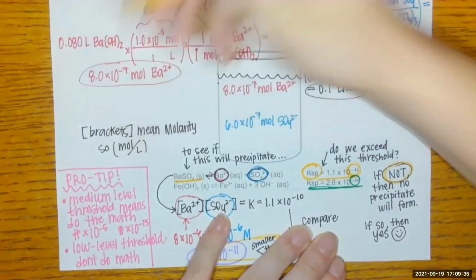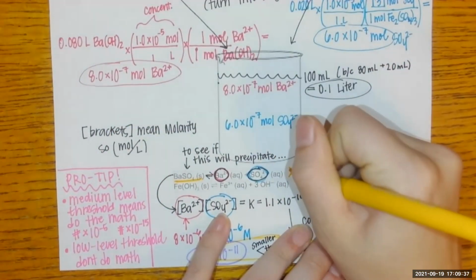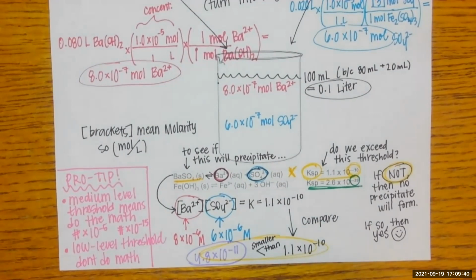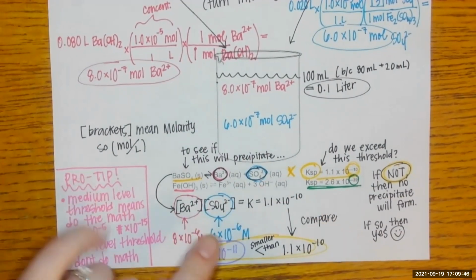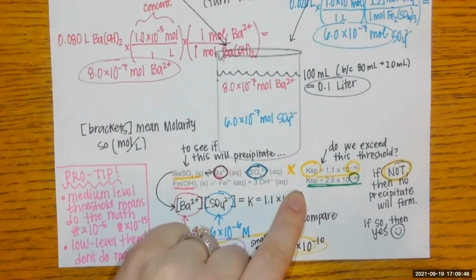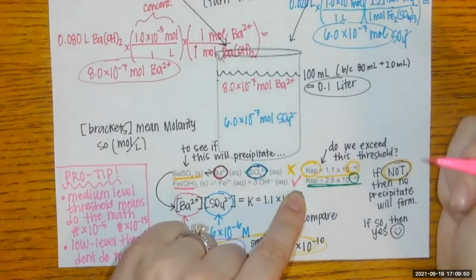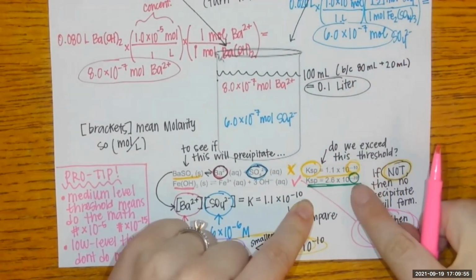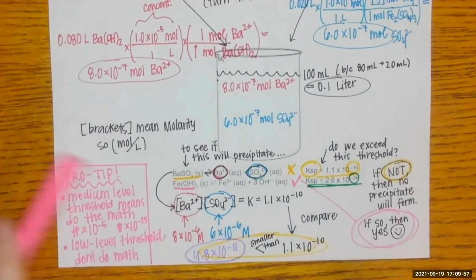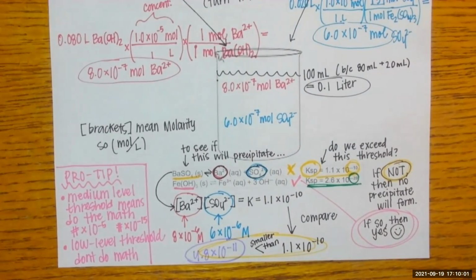Barium sulfate will not precipitate. I proved it mathematically, this whole paper. Iron hydroxide, I didn't mathematically prove it, but I know that that will precipitate because its threshold is so tiny that of course we're going to cross it. Okay, there's one example.